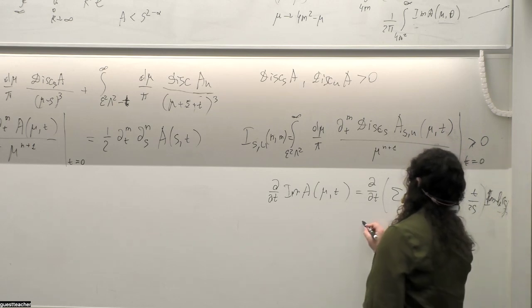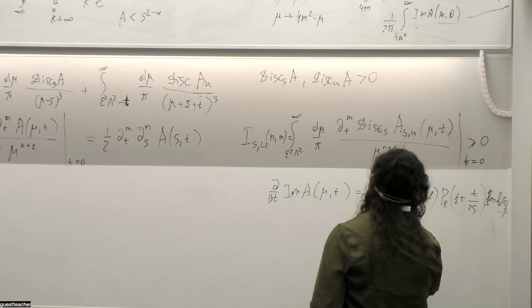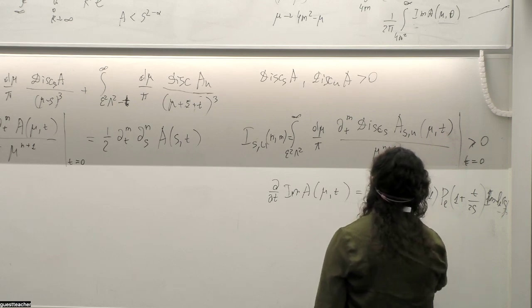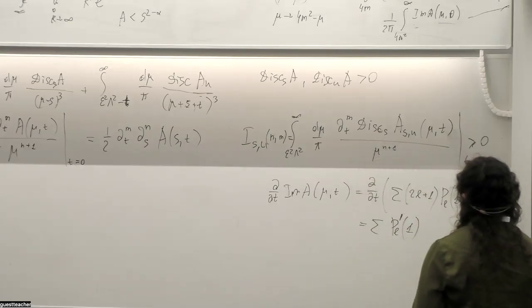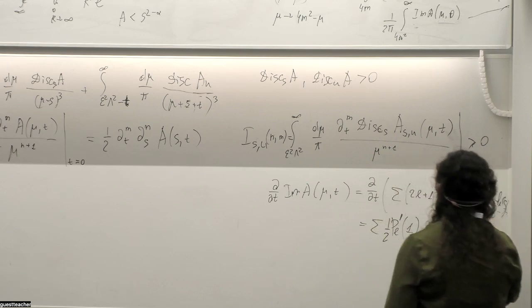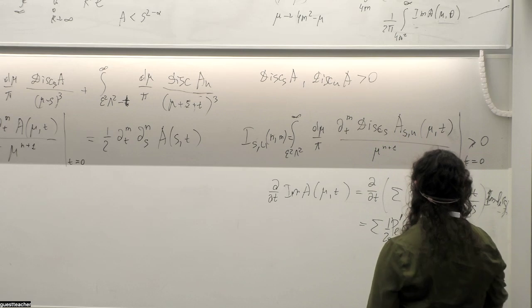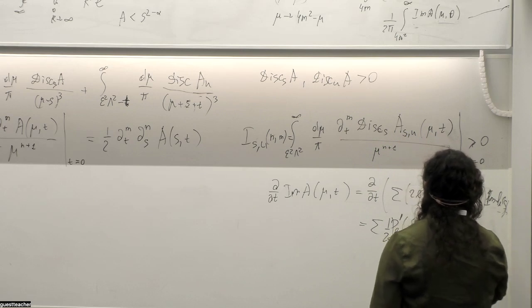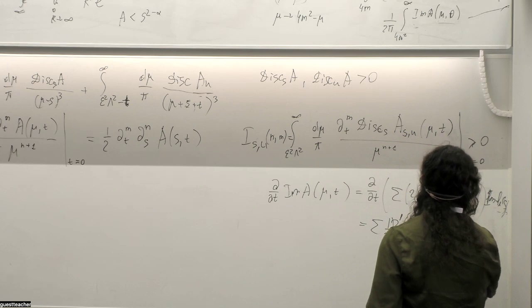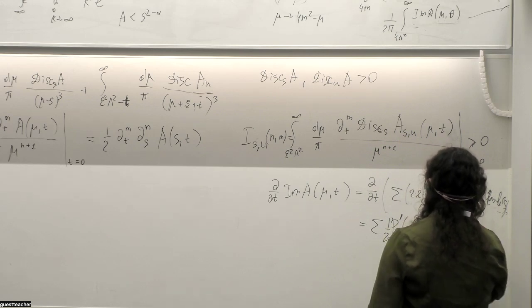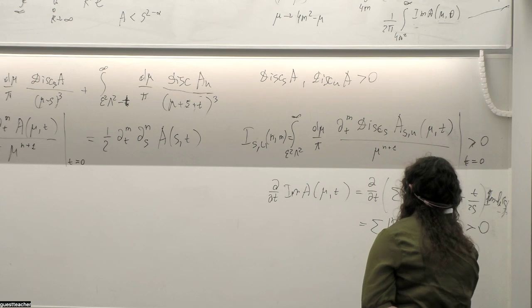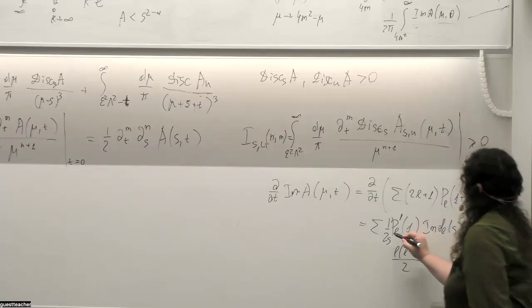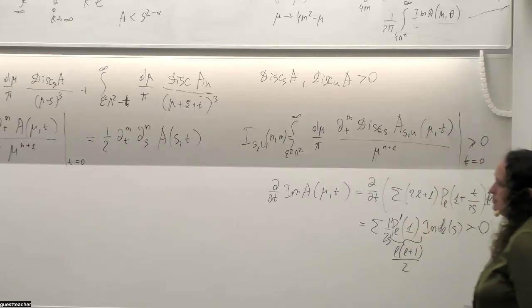When I differentiate, I differentiate the Legendre polynomials, so everything depends on the derivative of the Legendre polynomial at 1. It will be 1 over 2s additionally, times P_L prime of 1, times the imaginary part of f_L of s, and this will be positive. You can simply compute P_L prime of 1; if I remember correctly, it is L(L plus 1) over 2. That's a quantity which is always positive.